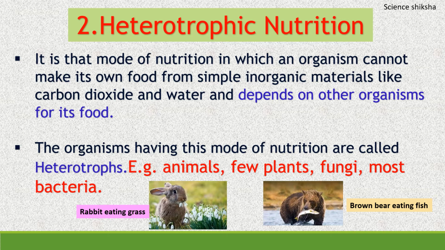The organisms having this mode of nutrition are called heterotrophs. For example, all the animals, few plants, fungi and most of the bacteria are the heterotrophs. In the picture also, the rabbit eating grass is a heterotroph. A brown bear eating fish is also a heterotroph.